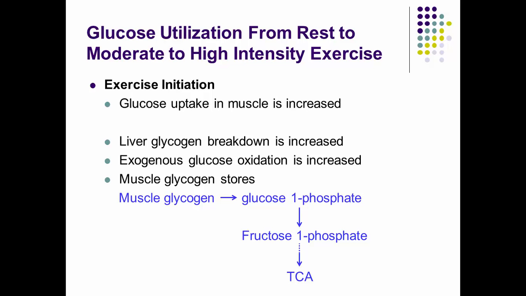Okay, now let's talk about the glucose utilization from rest to moderate and high intensity exercise. So initially, the exercise is initiated, then a lot of things change, right? The most important thing is that the glucose uptake into the muscle is increased, right?